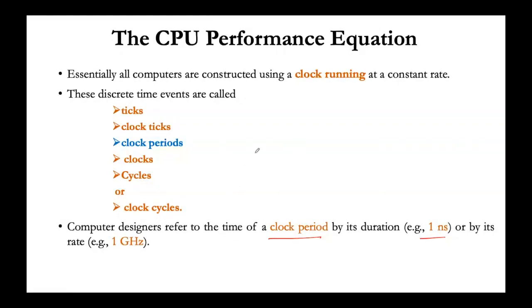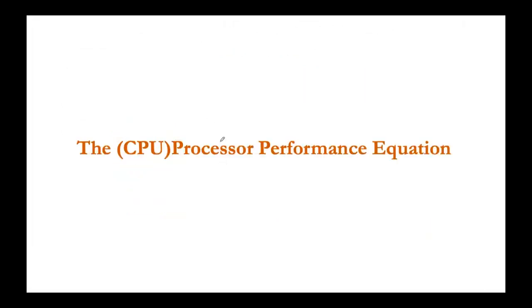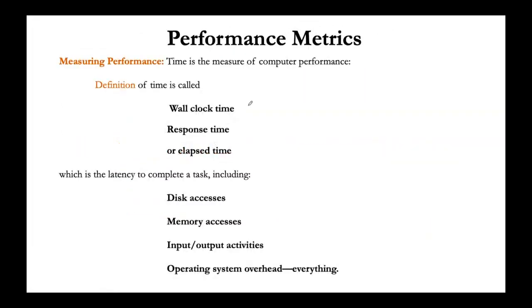So here, when you talk about CPU performance or measuring the performance, as we said, it takes wall clock or response time, right? So what is wall clock time? It is how long it takes for your program to execute from the time it is invoked to the time it completes.